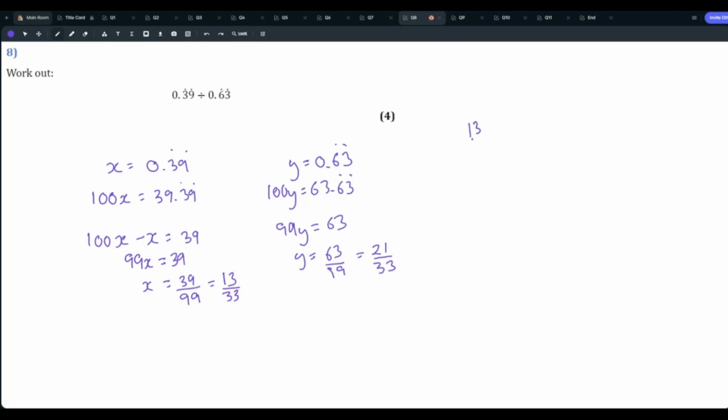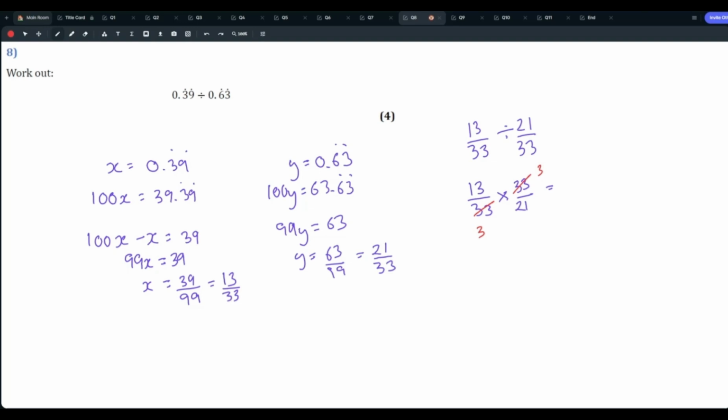So we have 13 over 33 divided by 21 over 33. Now division fraction, so we're going to keep, change and flip. And because it is a division fraction, we can cancel down diagonally. So this will be 3 and 3. Okay, and it looks like that's everything I can do.